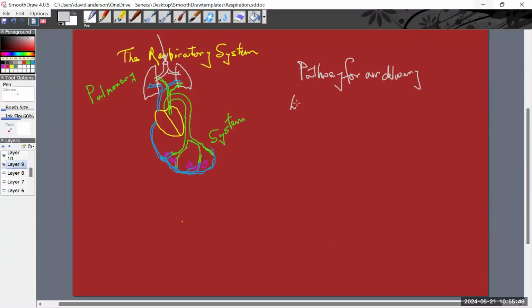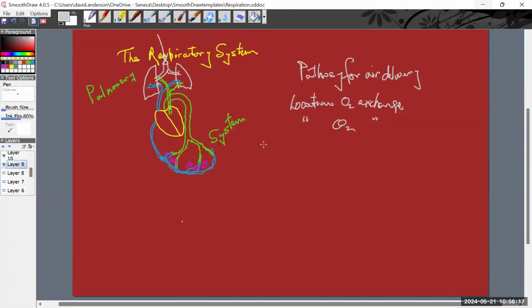There's going to be a location for oxygen exchange. There's going to be a location for CO2 exchange. And that's going to be essentially the same location, but moving in opposite directions. Okay, so these are considerations that we need to be aware of for this respiratory system.